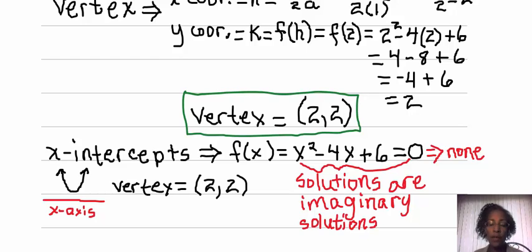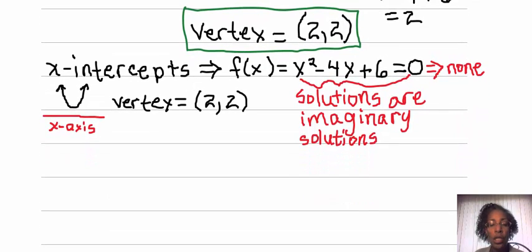And you can save yourself the time and work of finding those solutions that would have indicated there are no x-intercepts. Now there's always a y-intercept on an upward opening or downward opening parabola.